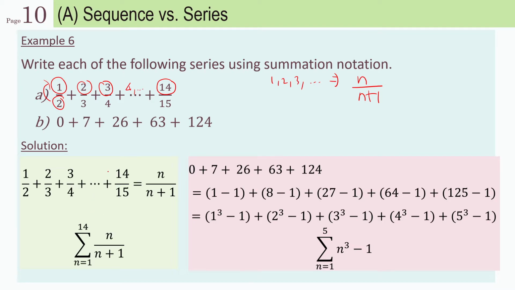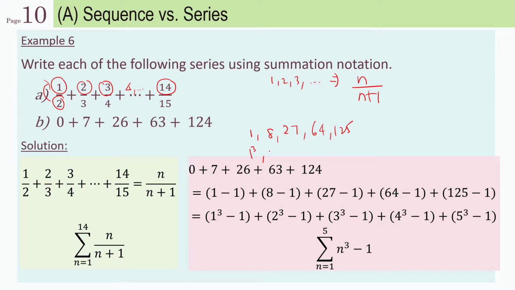Okay, and then part B is slightly not common to see. But after a long period, you will be quite familiar with this kind of number. You may ask what this number is, but if I say you have 1, 8, 27, 64, 125, most probably you can recognize the pattern.